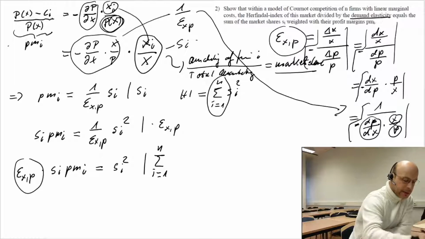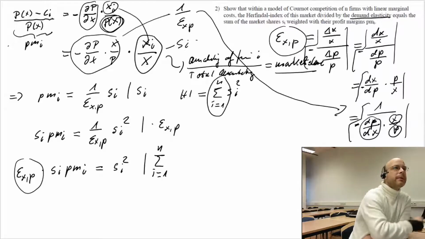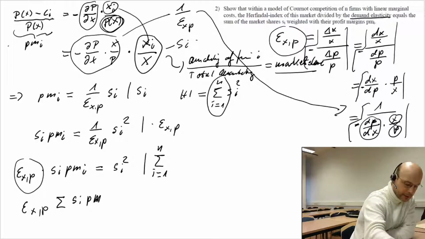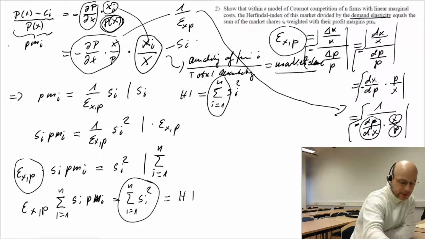Since this is a constant, this we can take out of the sum, so we obtain epsilon xp times the sum over Si PMi, i from 1 to n, is the sum over Si squared, and this is nothing else than the Herfindahl index.